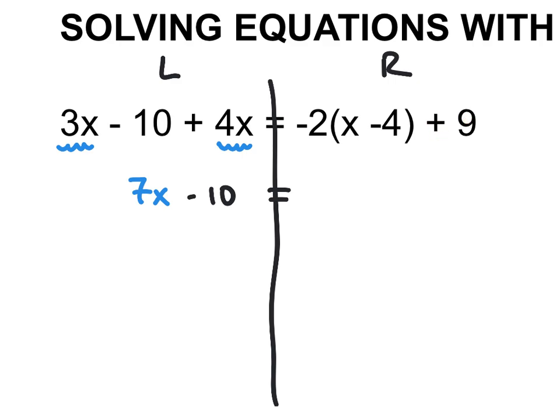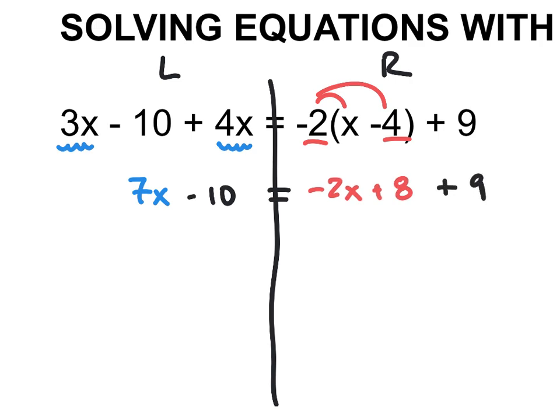So I'm going to distribute that negative 2, and I'm going to write this as negative 2x plus negative 2 times negative 4 gives me positive 8, and then drop down my plus 9.